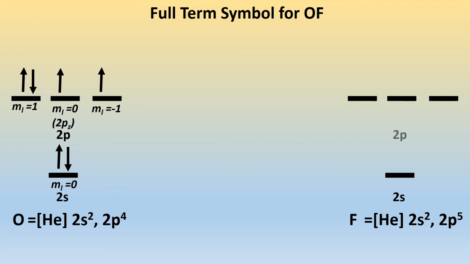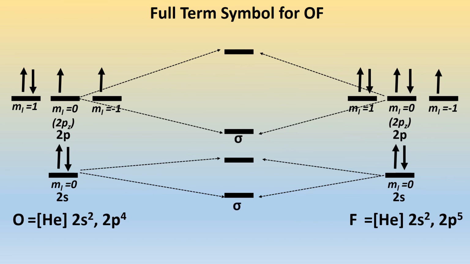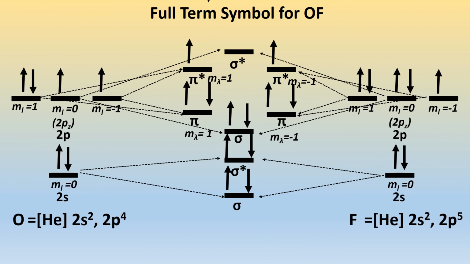And once again, how these combined with m sub L's equal to 0, combining to form sigma orbitals, m sub L's equal to 1, combining to form pi orbitals, each case with a bonding and anti-bonding site, and in all cases with the m sub lambdas, the relationship to the z-axis being a plus 1 or a minus 1 on the pi and pi star axes. Looking at the electron configuration, with one unpaired electron, you can see lambda is still equal to 1, therefore the term is a pi.